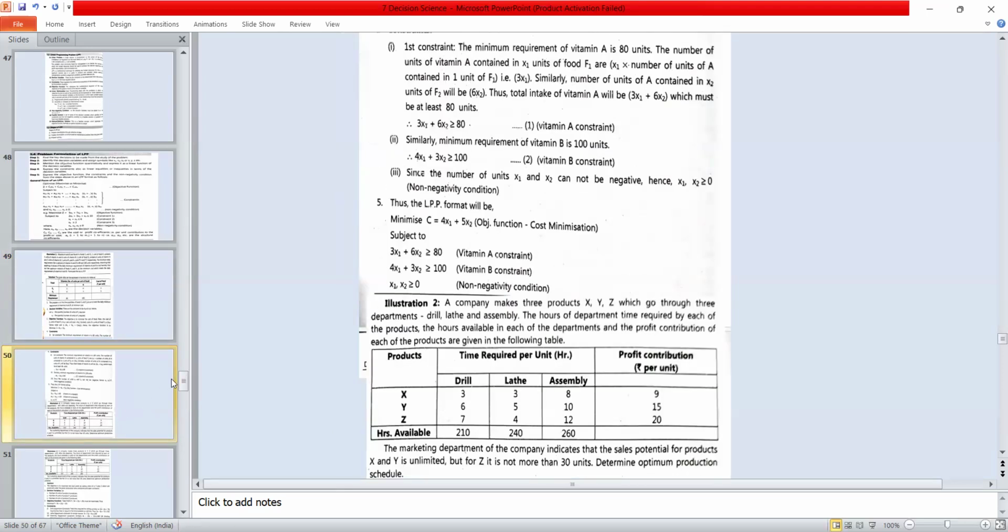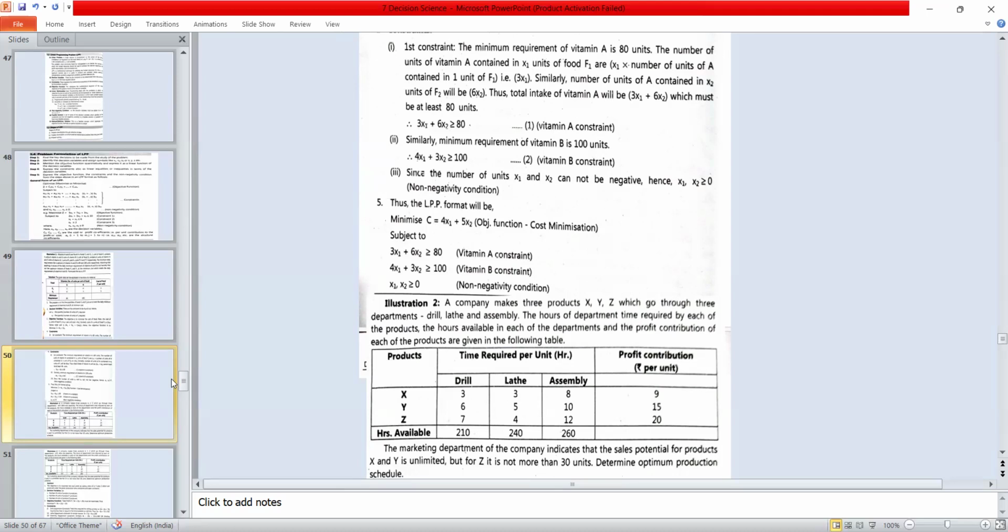Okay, so we got two equations. 3x1 plus 6x2 should be equal to 80 or more than 80, which is the vitamin A requirement. Minimum that much is required, and we have written how much we are getting from the F1 food and how much we are getting from the F2 food, and we have totaled it to 80.